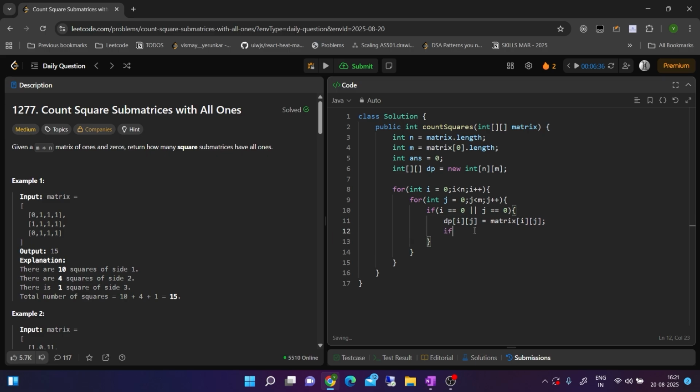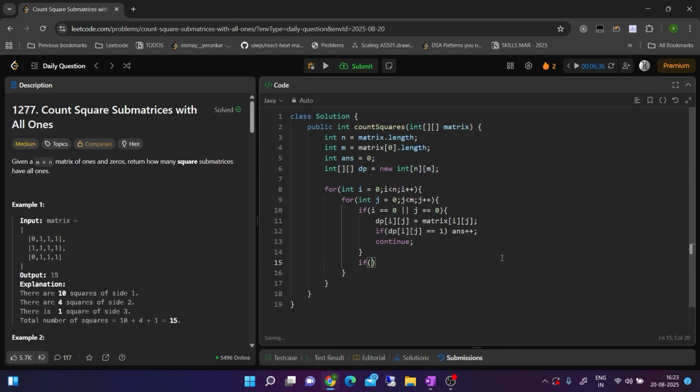Okay, then if this value is 1, then simply we will increment our answer and we can just continue. Okay, so we have handled our first row and first column.